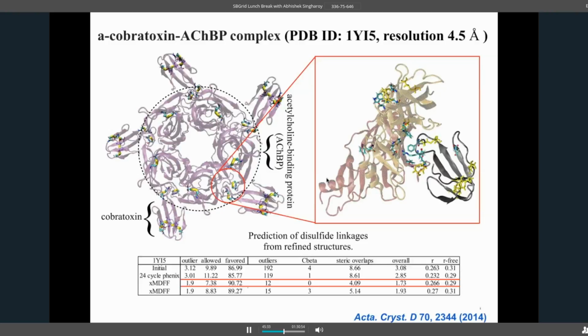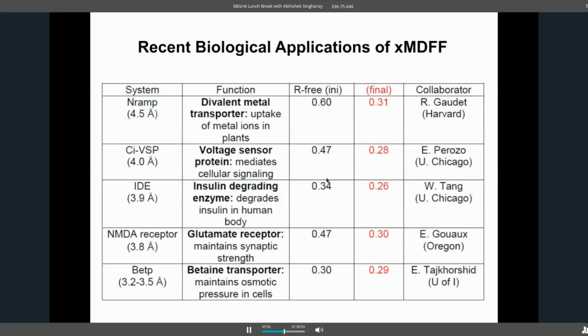So this gives us the feeling that we can actually tinker with the chemical nature of a problem and see under what chemical condition our result fits best to the experimental data. So xMDFF gives us this sort of flexibility in terms of testing the chemical correctness of the model along with whether it's fitting the data or not.